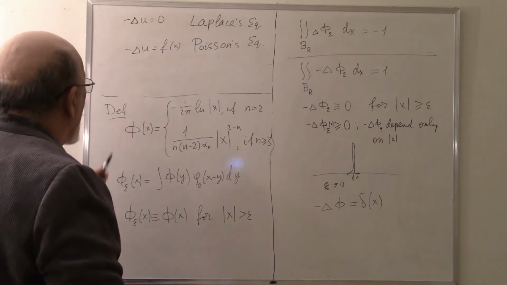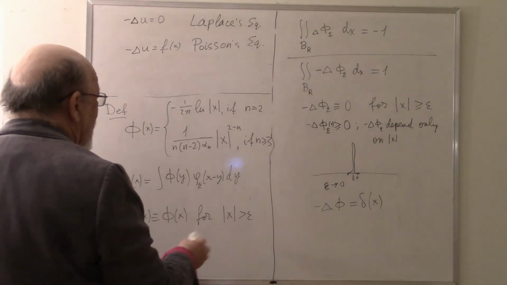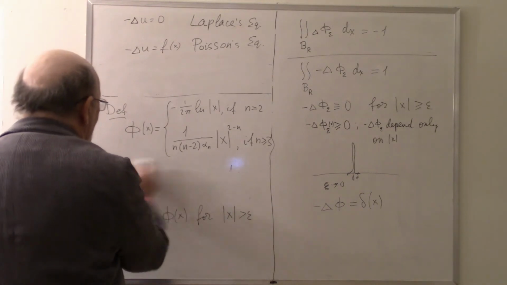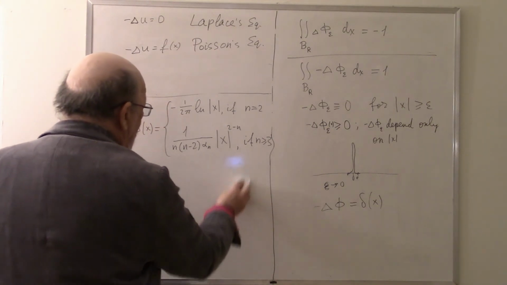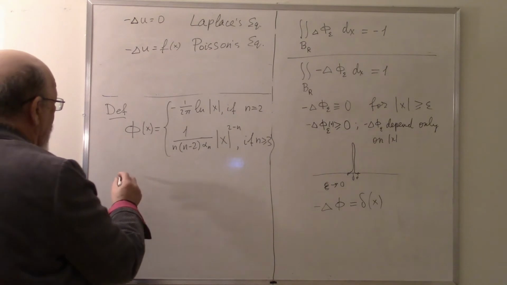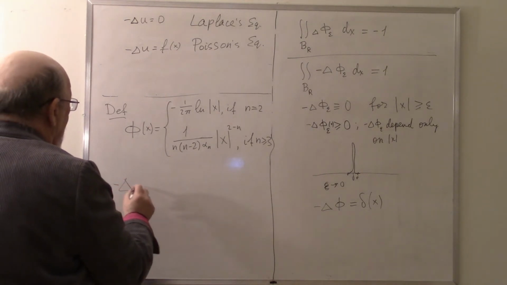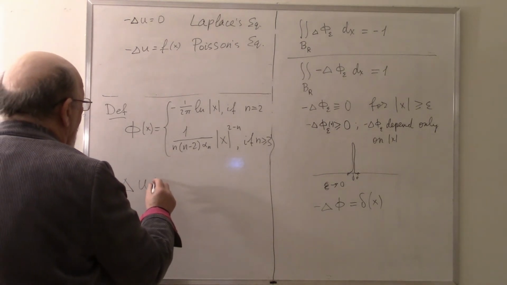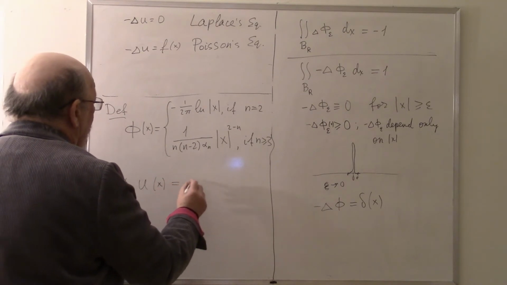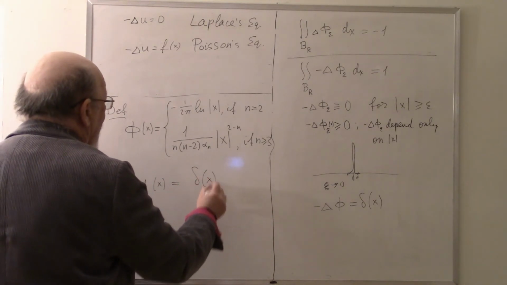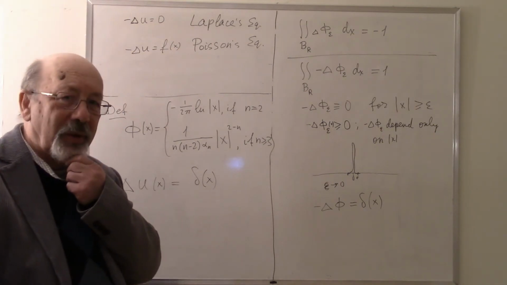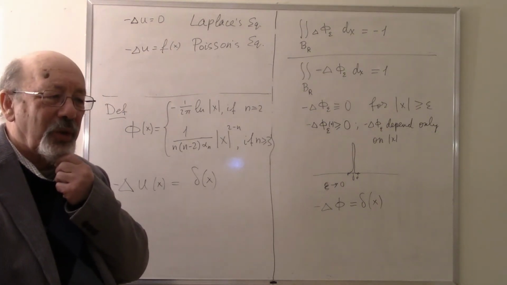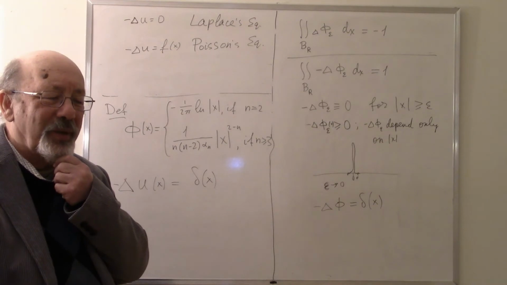And so our function phi, which is written here, is a solution of the following equation. Consider the equation minus delta u of x equals delta function of x. If you remember, I told that delta function is the simplest function which exists.